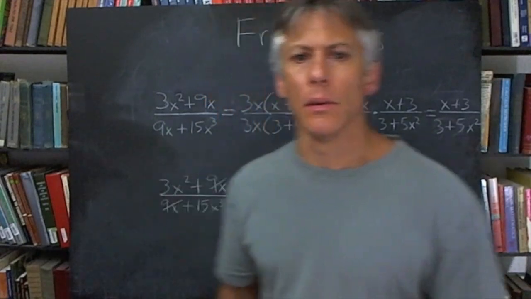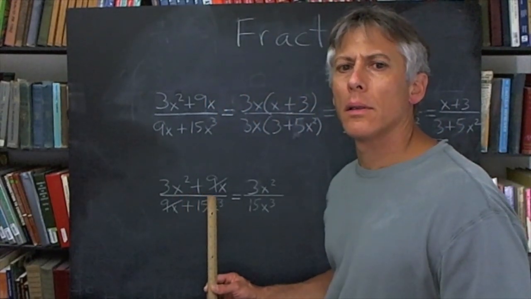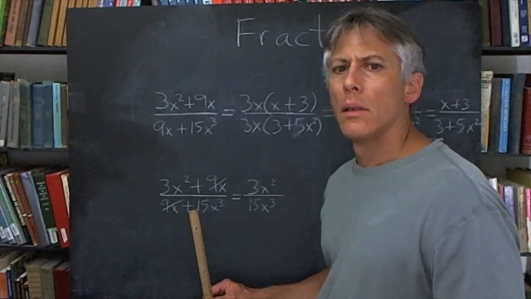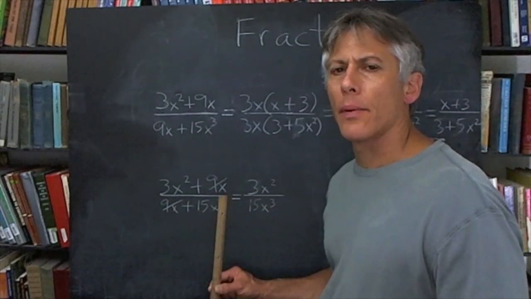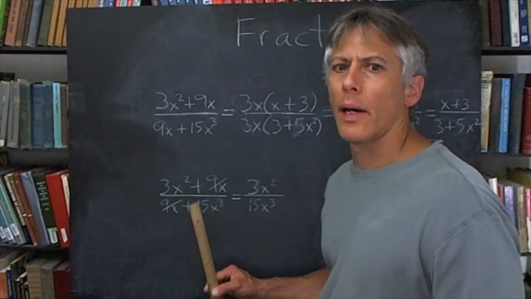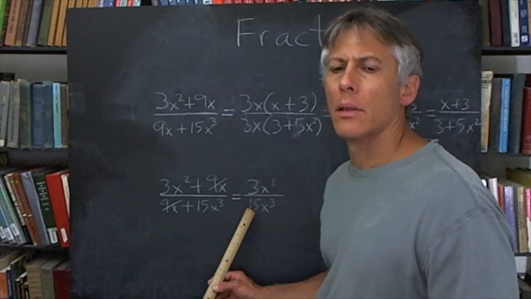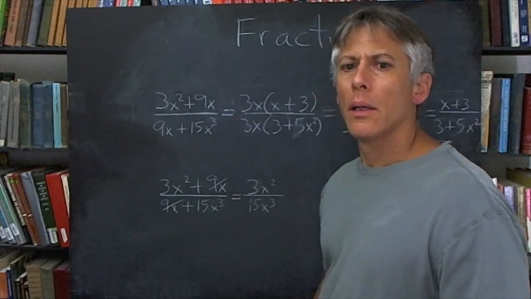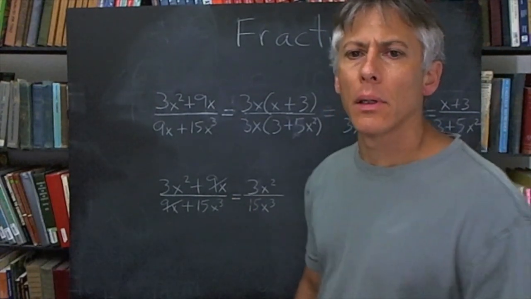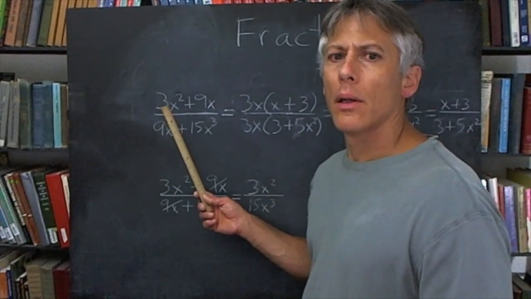So let's look at mistakes some people make. What some people do would be to divide out the 9x. But remember, that's a part of the top and a part of the bottom, so we cannot divide it out. If they would have done that, they'd have gotten 3x squared over 15x to the third. And we can show that's wrong by putting in, for example, a 1. If you put a 1 in for x up here, you could work it out.